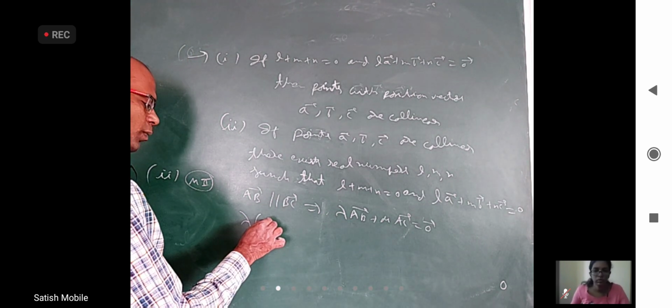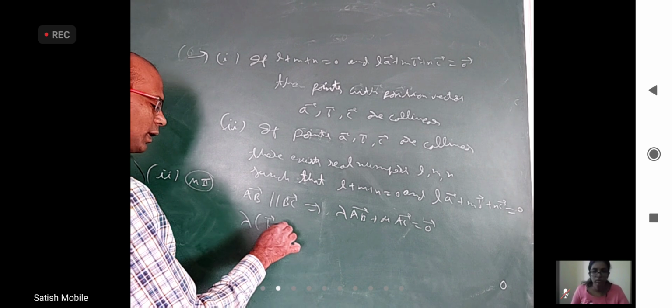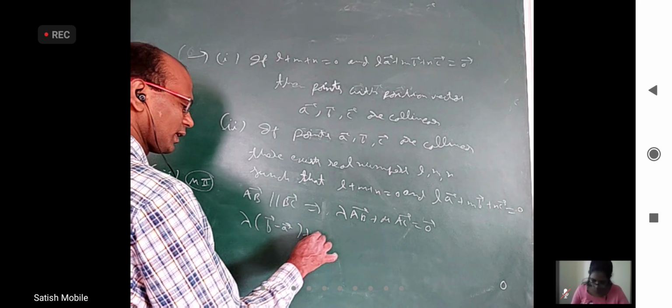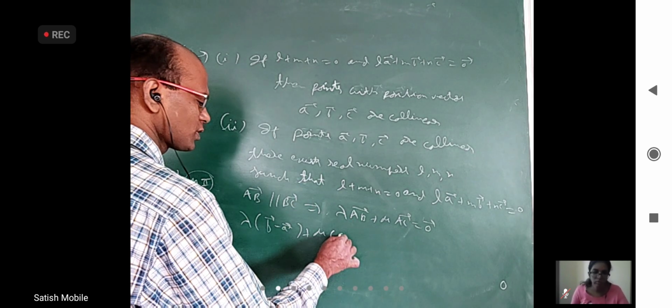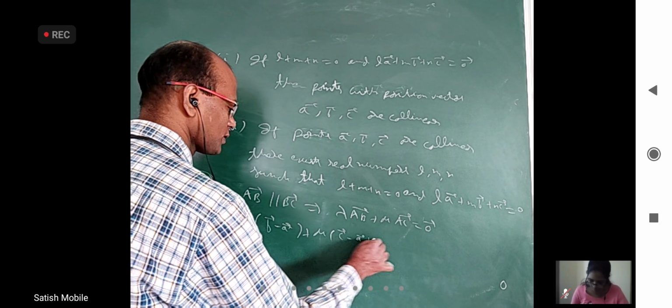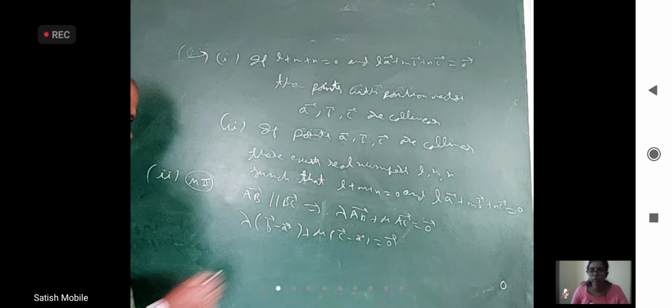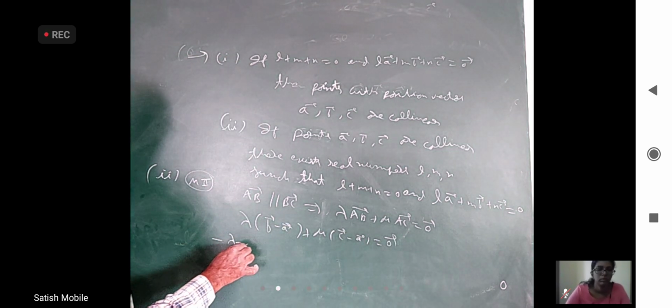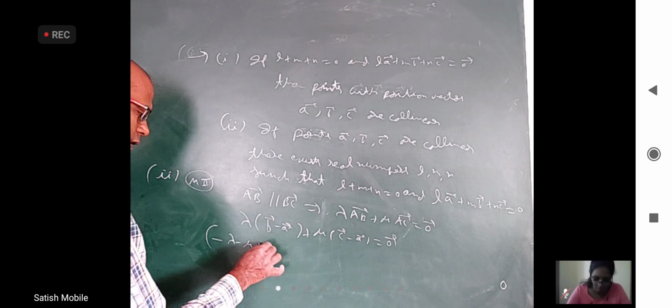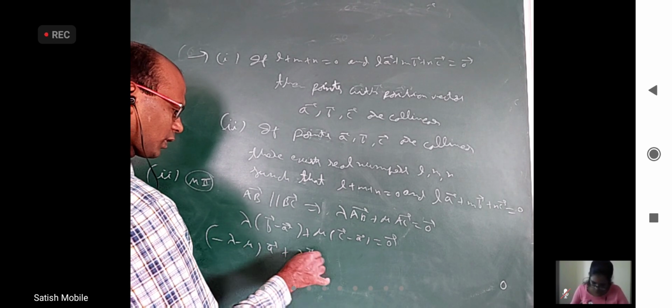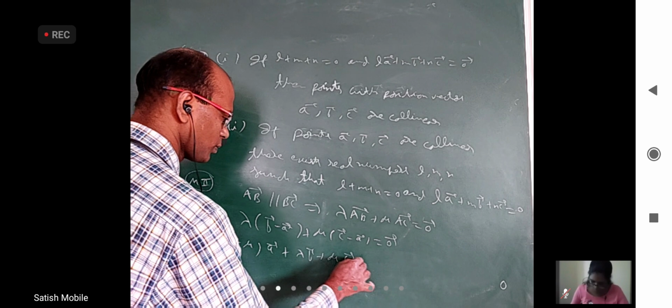AB bar is OB minus OA, which is B bar minus A bar. AC bar is OC bar minus OA bar, which is C bar minus A bar equal to 0. When I expand this, I will get minus lambda minus mu into A bar plus lambda B bar plus mu C bar equal to 0.